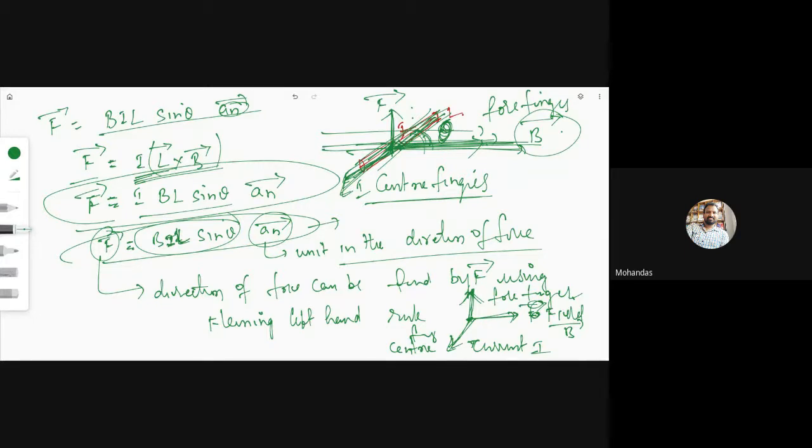How does force arise? Motor. What is a motor? It converts electrical energy into mechanical energy. How does the motor convert electrical to mechanical? It is explained by the Lorentz force equation. After completing this chapter, we can clearly understand the motor working principle.